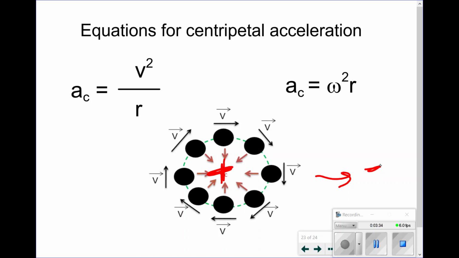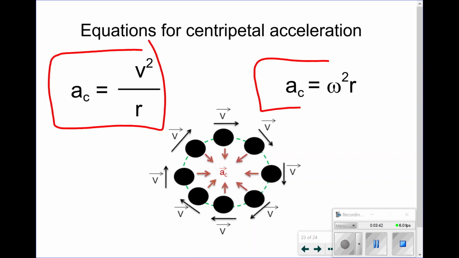It plays no impact. The big question that people will often have is, which equation do I use to solve my problem? And that answer is really both equations work at all times. It is actually mathematically impossible to not be able to use both equations.